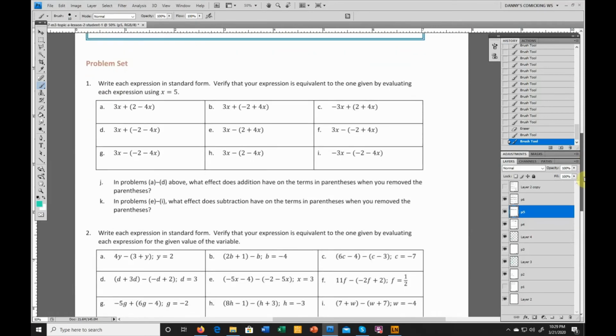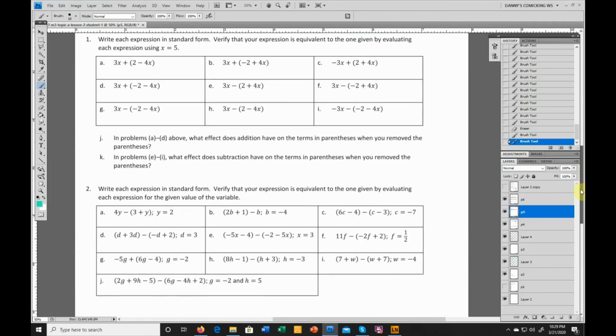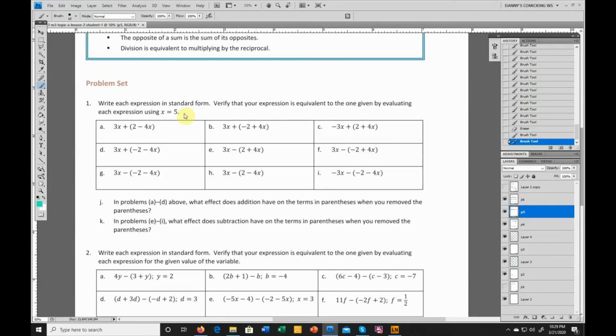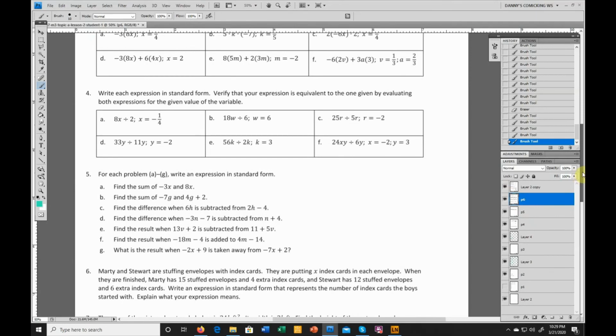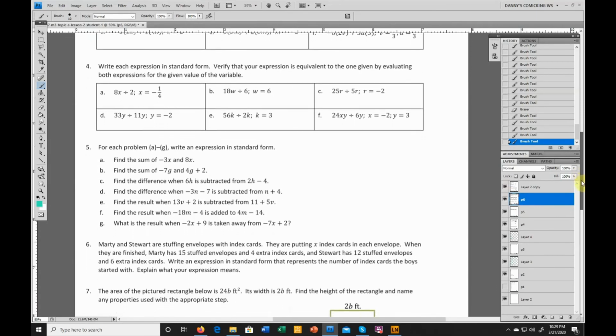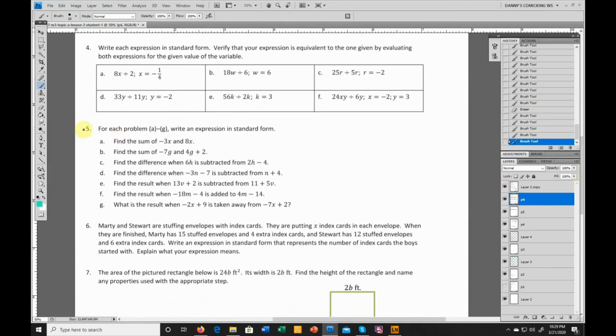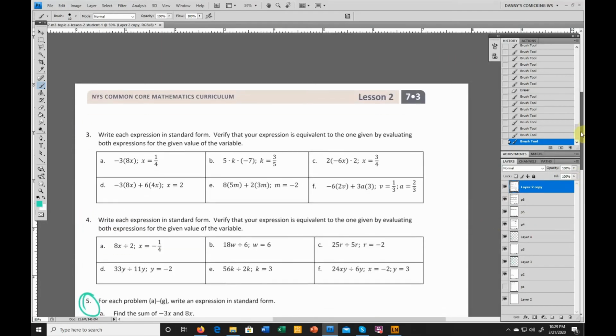I would like you to do 1 and 2. And then I would like you to do 5. So 1, 2, 5, and 6.